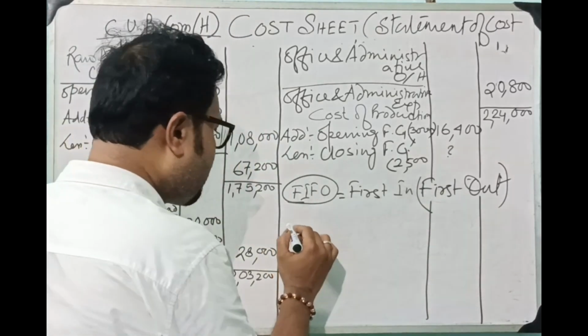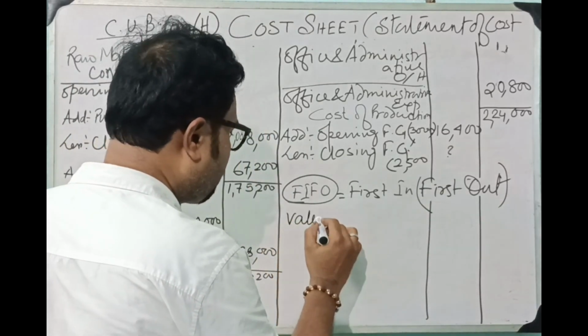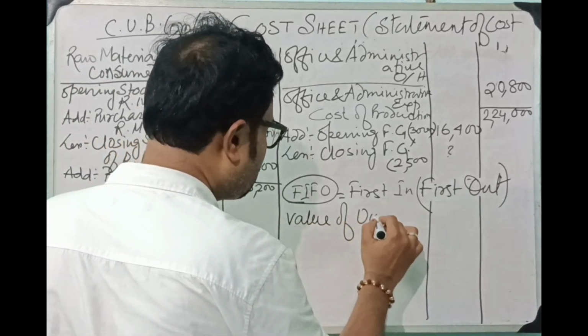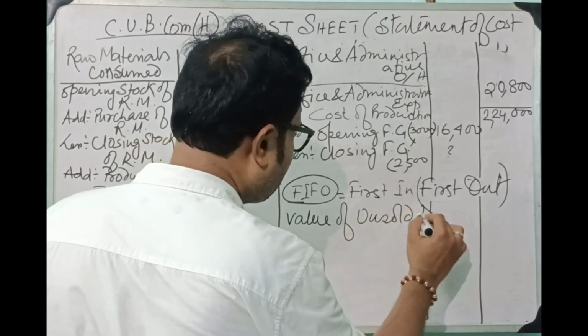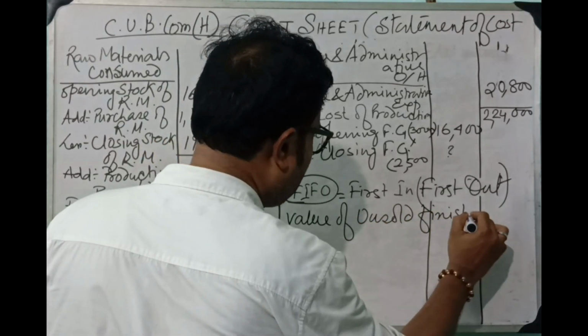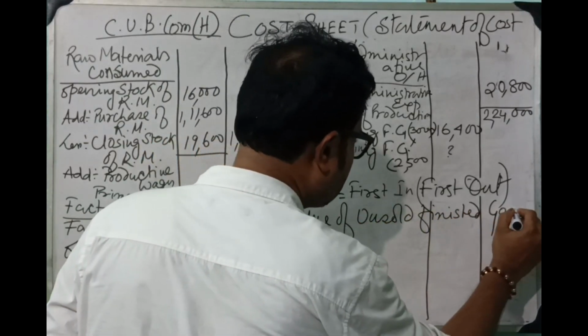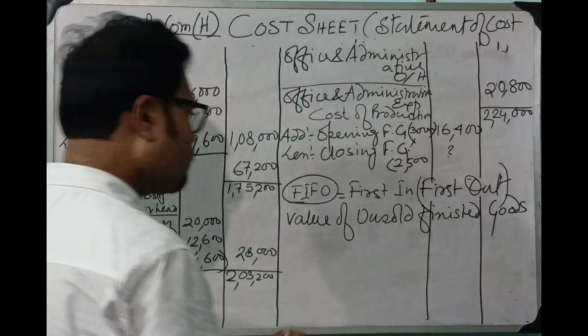Now, we have to calculate the value of unsold finished goods. How?